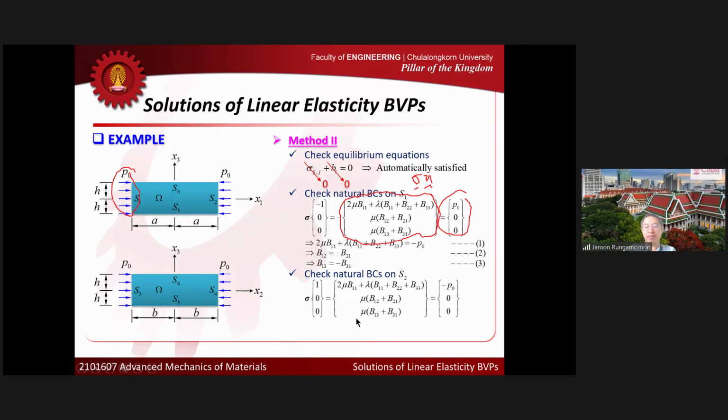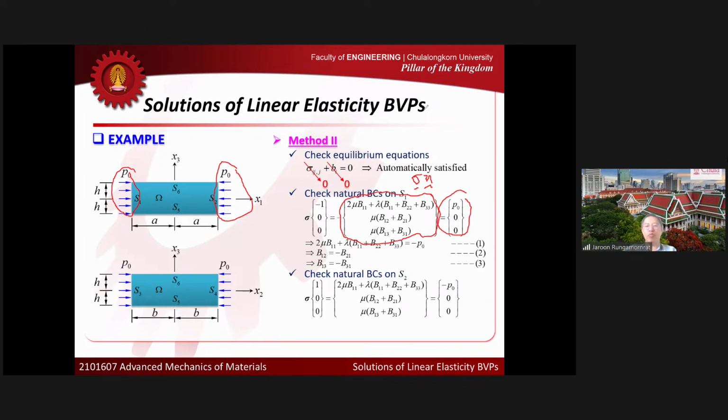You simply multiply sigma by n, and you end up with this. Again, the traction generated by stress has to be the same as the one that is prescribed. So we have the prescribed pressure here in the negative x1 direction. So don't forget the negative sign here.